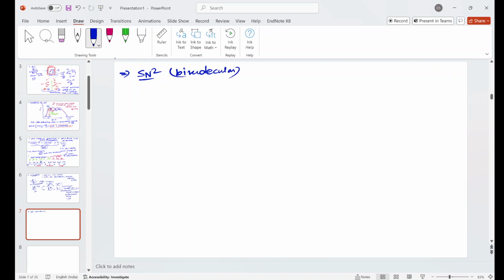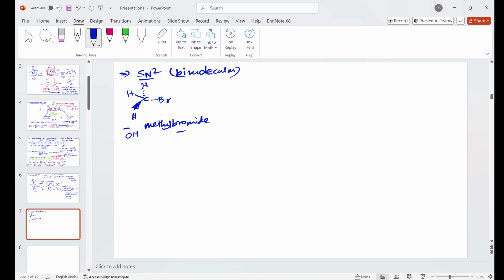What happens here? You don't have any intermediate state. So let us go through it. Suppose you have a primary alkyl halide, methyl bromide.